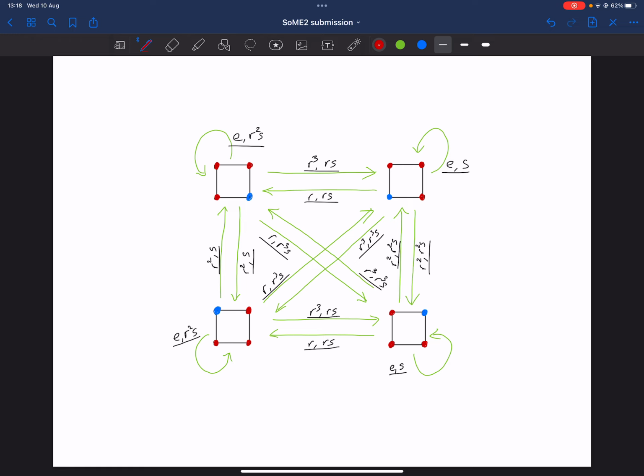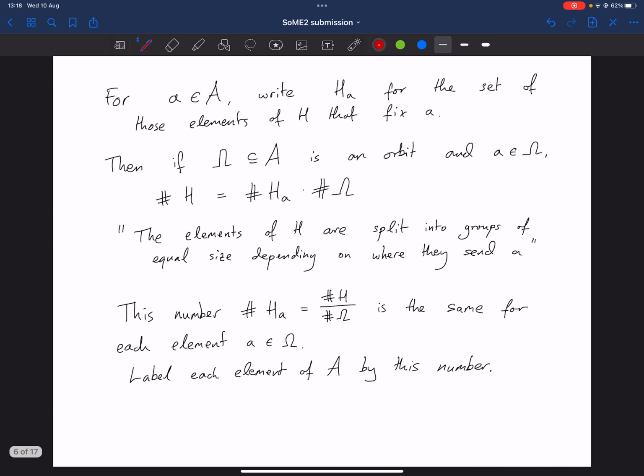And in fact, this reflects the general situation. So if we write H sub A for those elements of our subgroup H which fix A, where A is an element of our set A.